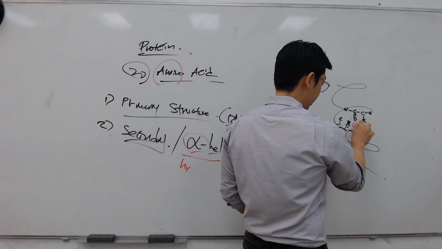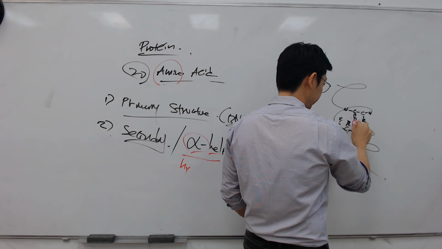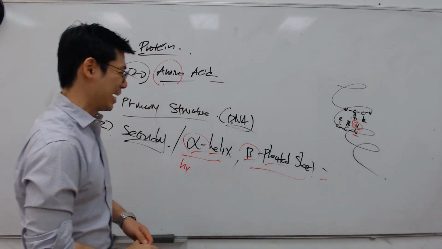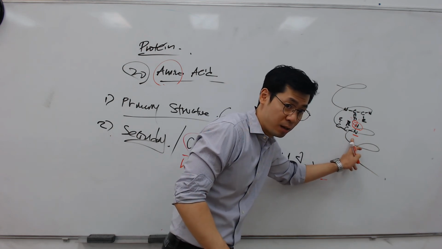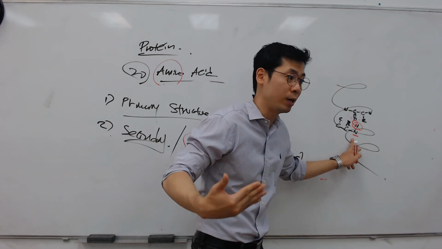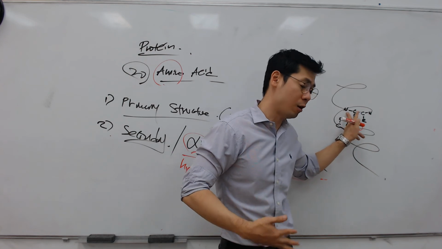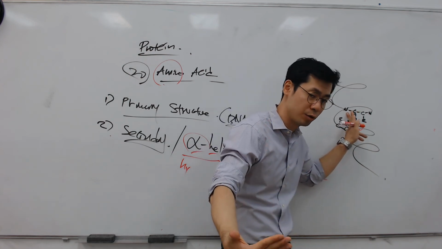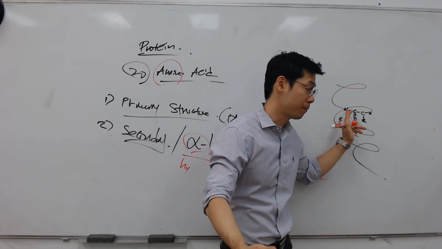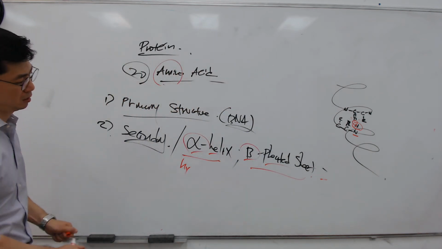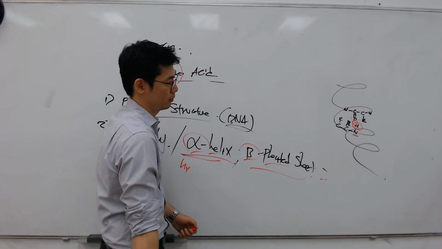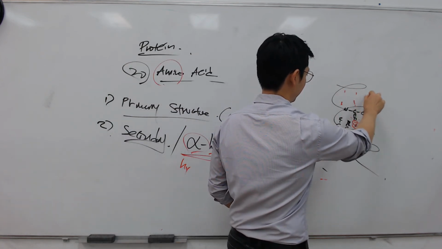You look at this right here, they can form hydrogen bonding. Do you understand, guys? So the hydrogen on the amine is being hydrogen bonded to the oxygen of the carbonyl. That's hydrogen bonding, and that is the force responsible for the alpha helix throughout this entire thing.